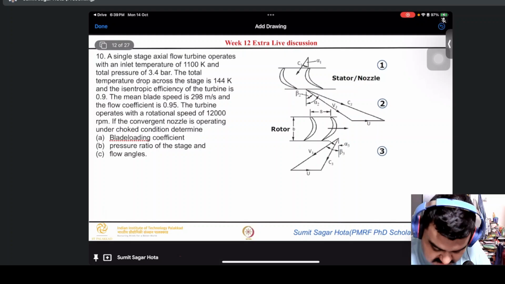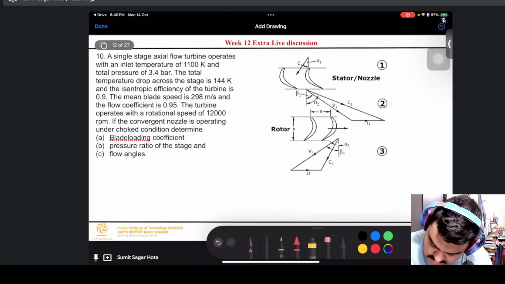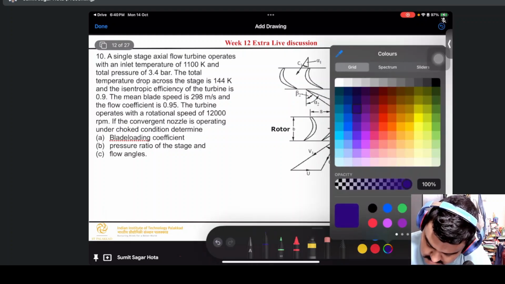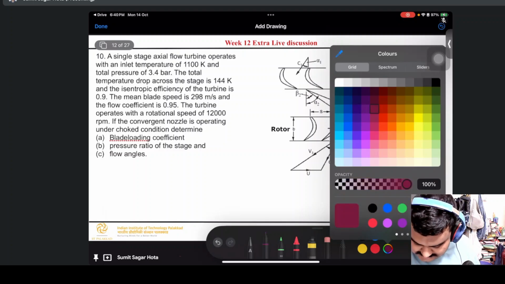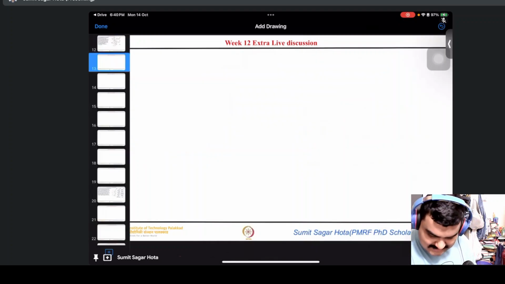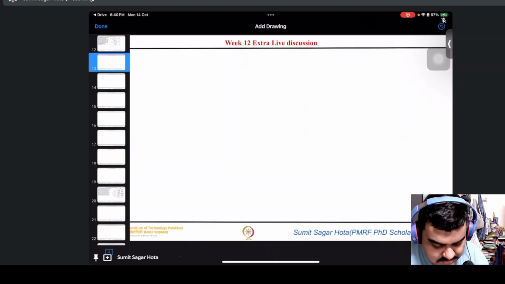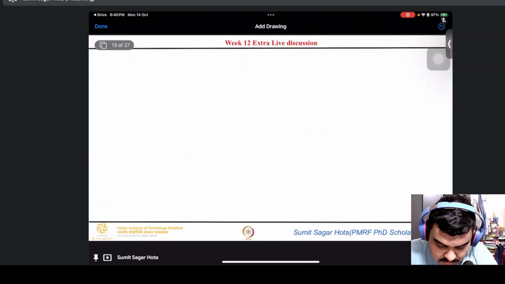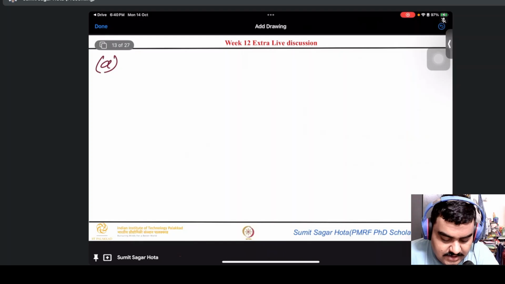So let's start. First, the blade loading coefficient. The blade loading is defined as what?